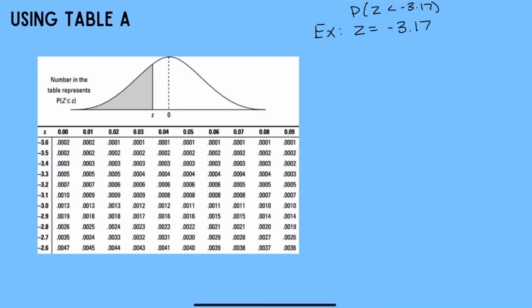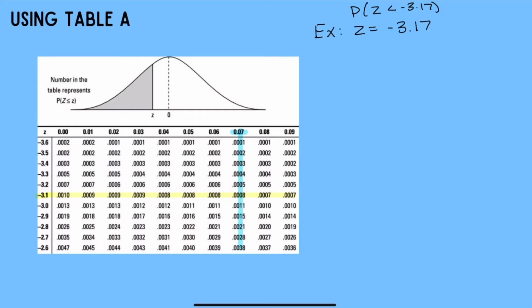So in table A, you want to search for the first part of your z-score. So right here for negative 3.1 and the rest of your z-score. So that's going to leave 0.07 left. What we need to do is look down this row because that matches with the first part of our z-score, and look down this column because that'll match with the second part of our z-score.